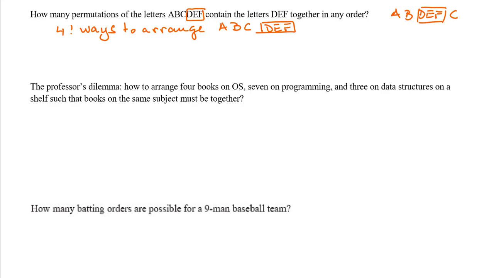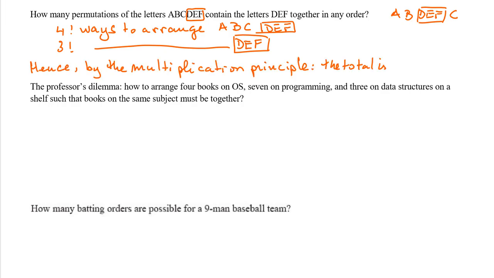Also, we have 3 factorial ways to arrange D, E, F, because D, E, F can be F, E, D, and so on. And therefore, the total possible ways of arranging A, B, C, and D, E, F together will be 4 factorial times 3 factorial, which is 144 ways.